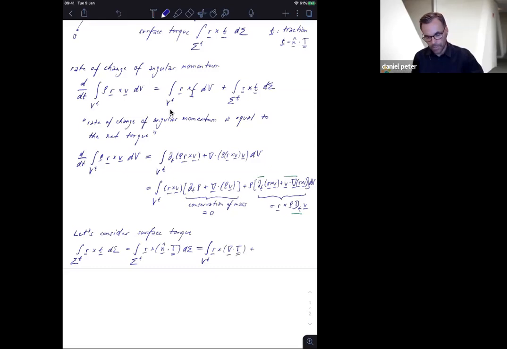In a very short notation, we can write it as this epsilon, the double dot product with the stress tensor T, and then we integrate over dV.